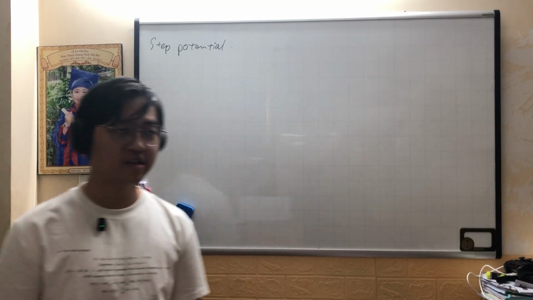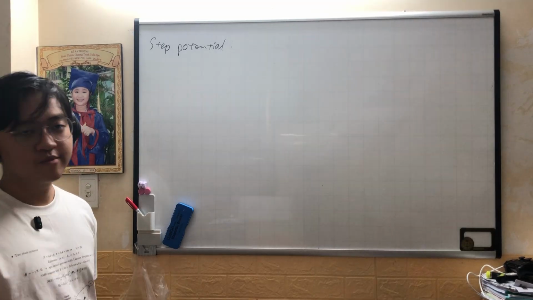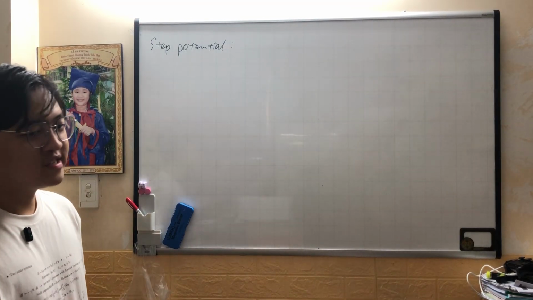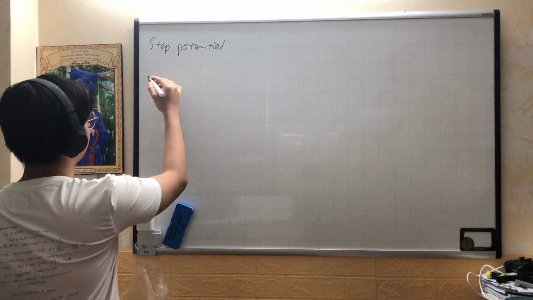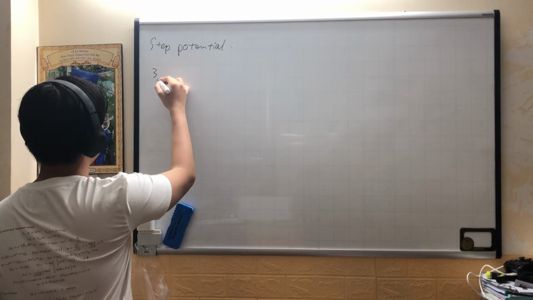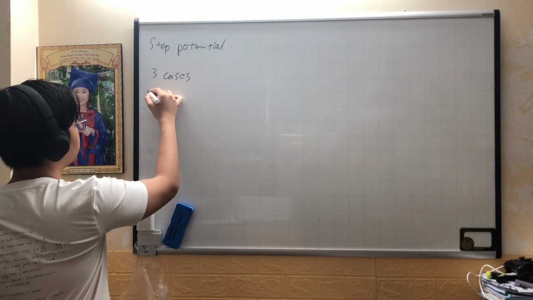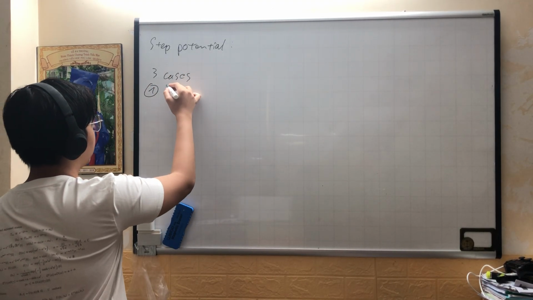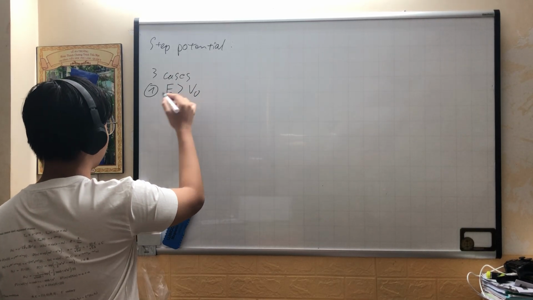Today we're gonna be talking about the step potential, and this time we will include the scattering state. So we're gonna take a look at three cases. The first one is that our E is greater than our potential V naught.